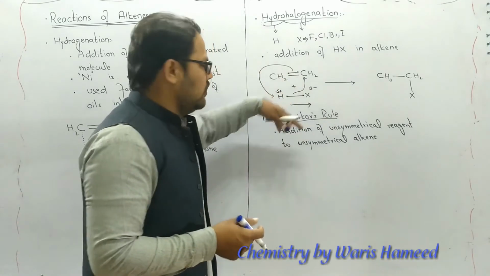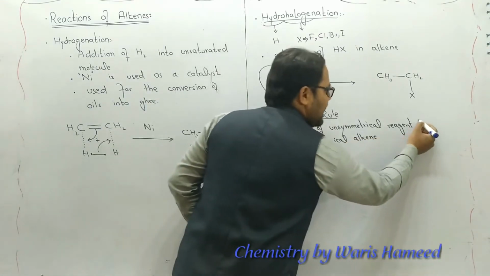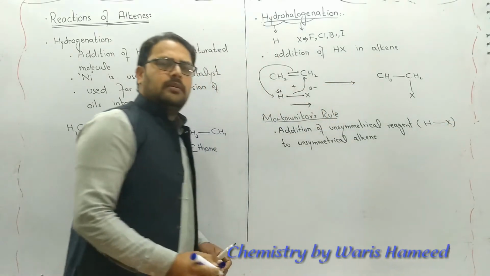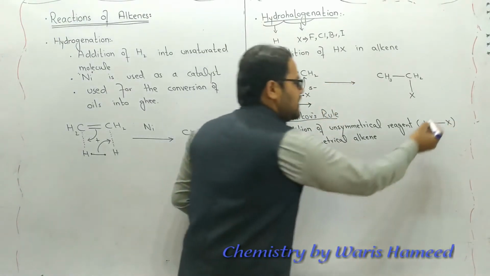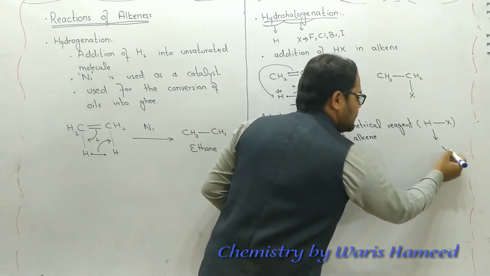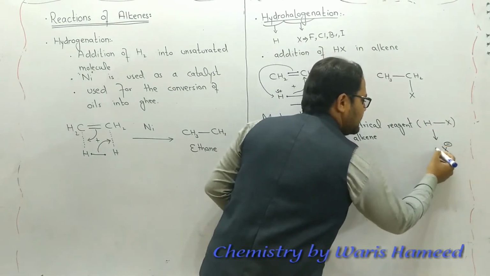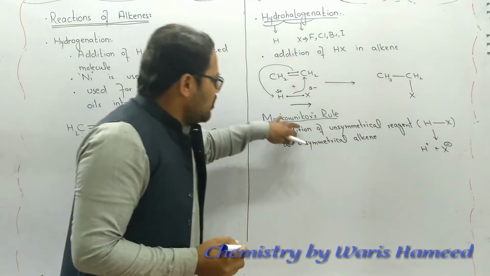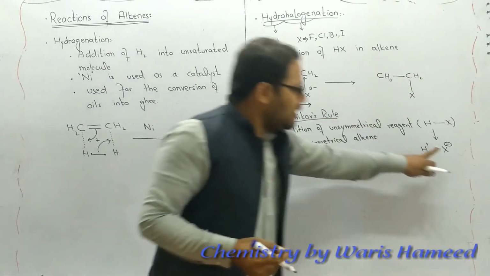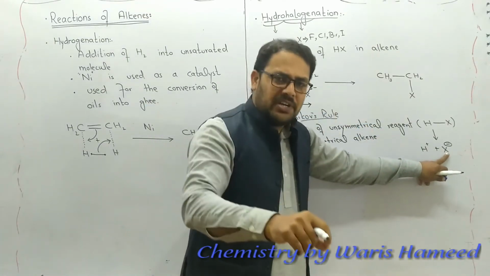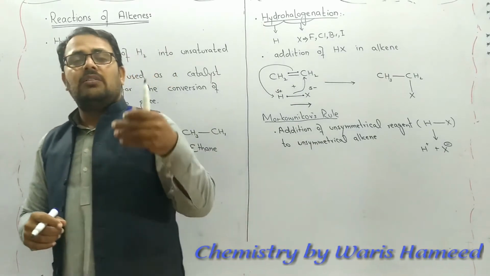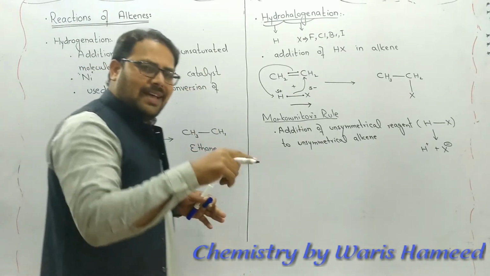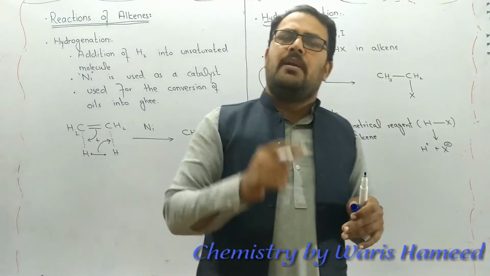According to this rule, an unsymmetrical reagent like HX has two parts, first is negative and second is positive. Halogen is negative and hydrogen ion is positive. Markovnikov's rule tells us the negative part of the unsymmetrical reagent will attack on that carbon where the number of hydrogens is less and that carbon should have the double bond.